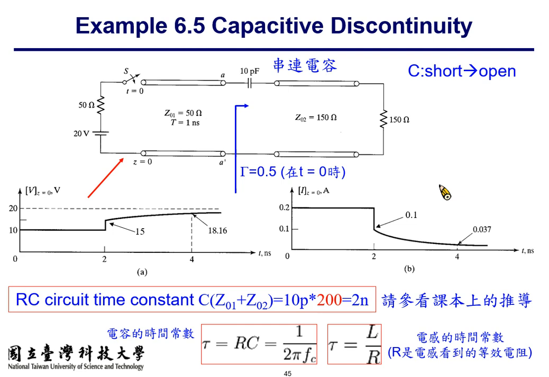All right. So what happens if the capacitor appears as a shunt capacitor, not a series capacitor? What is the equivalent resistance viewed by the shunt capacitor? That would be 50 in shunt with 150.